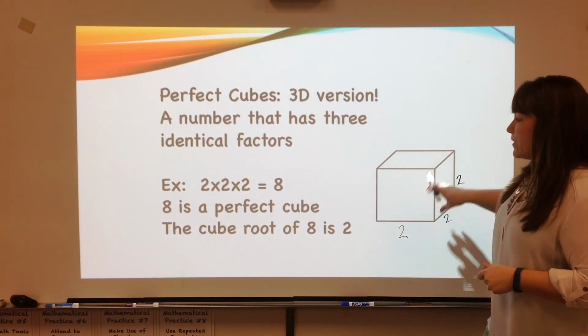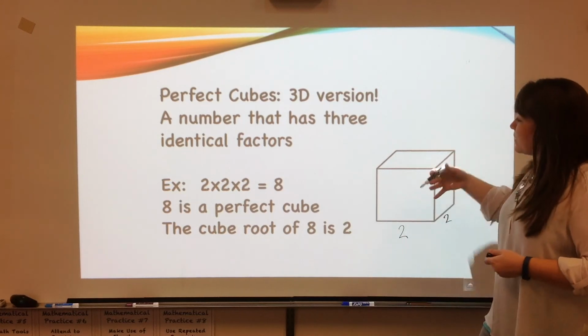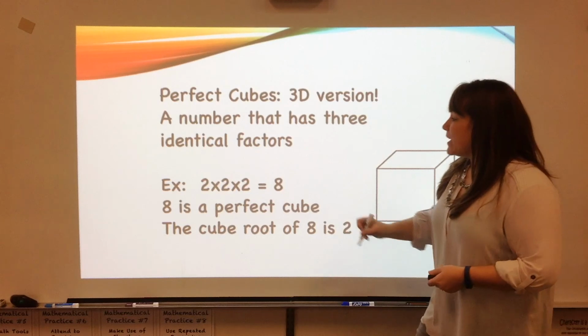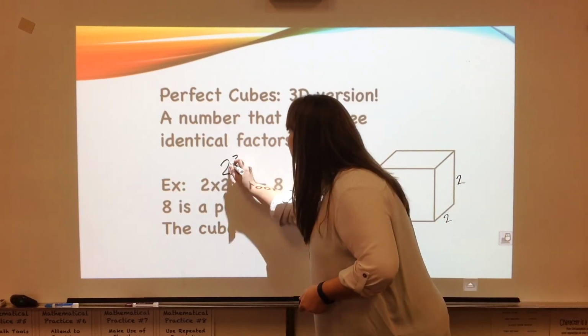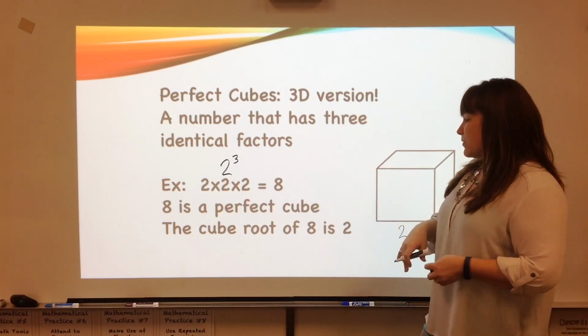So this is a perfect cube because all of the sides are the same, and we can represent it with 3 identical numbers being multiplied together. We've just learned that this is 2 to the third power, or 2 cubed, and 8 is a perfect cube.